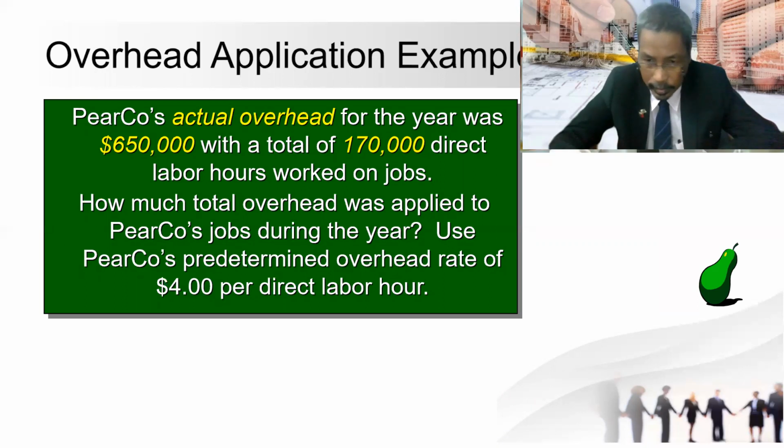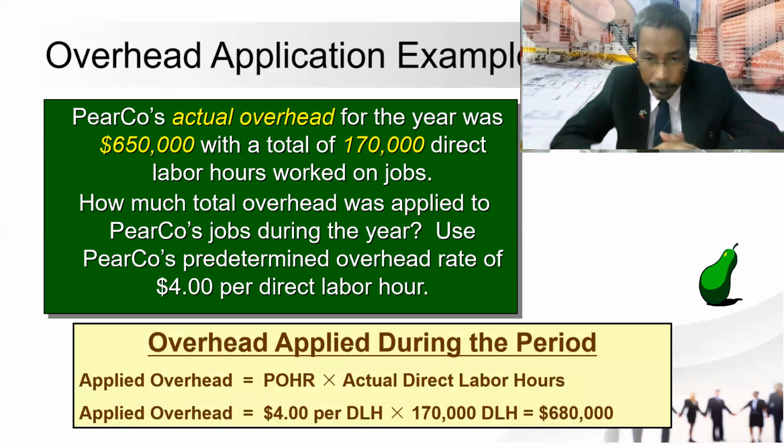So let us make some computation. Overhead applied during the period. Applied overhead is equal to the predetermined overhead rate (POHR) times actual direct labor hours.